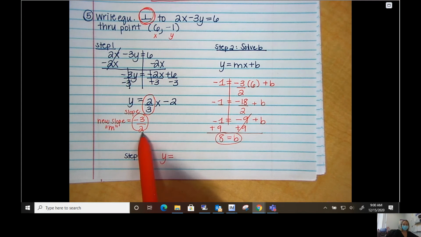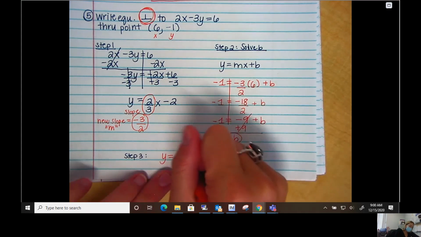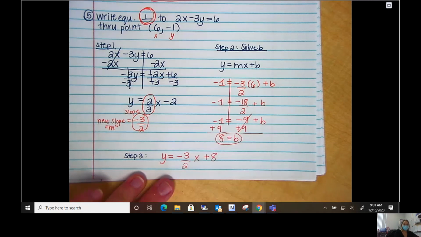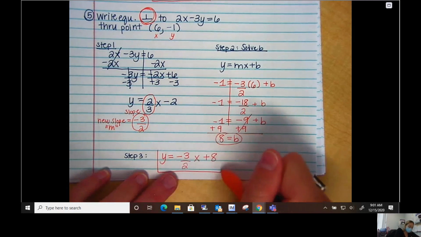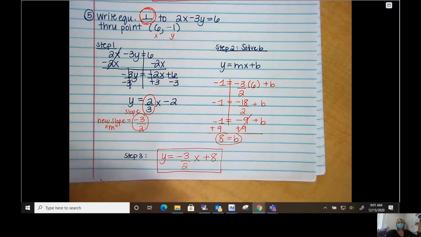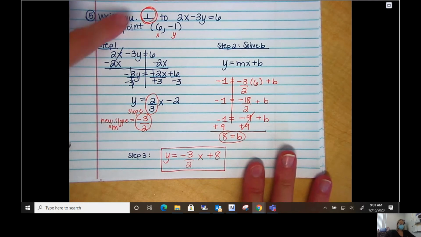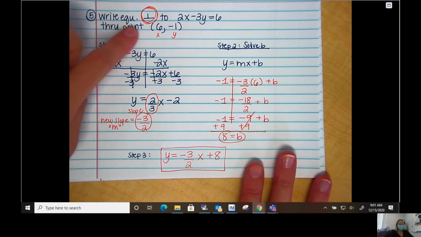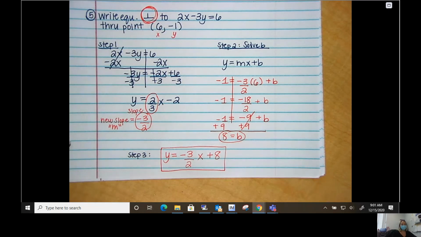Use the one you used. Yep. -3/2x plus 8. There's your final equation. So that is an equation that is perpendicular to this one right here and goes through the point (6, -1).